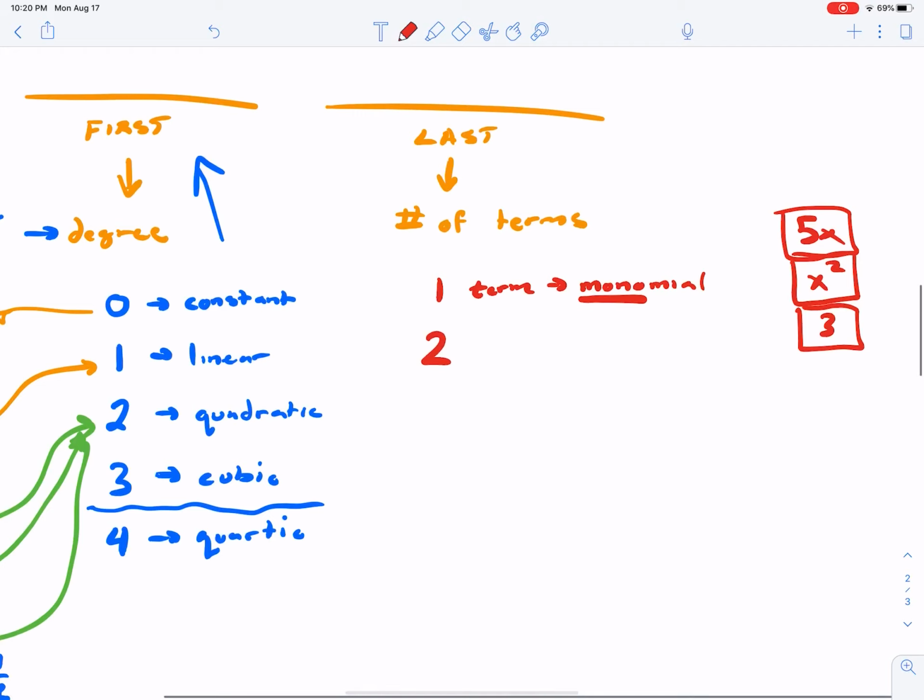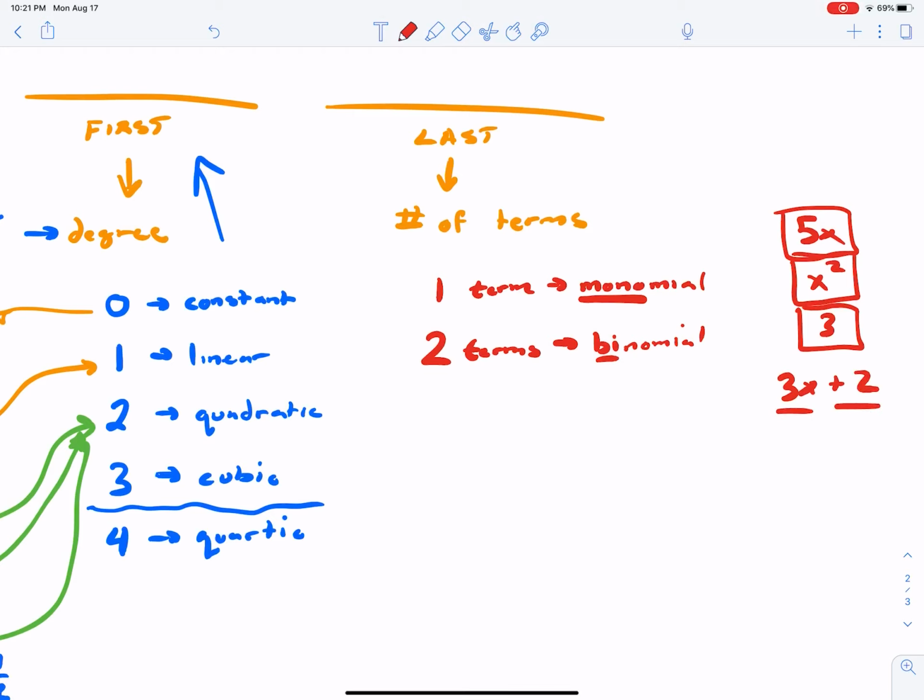Okay? Now there are 2 terms. 2, just like a bicycle, or seasons, or twice a year, you call it a binomial. Okay, so an example of that would be like 3x plus 2. Notice how there are 2 terms there. 5x minus 3.